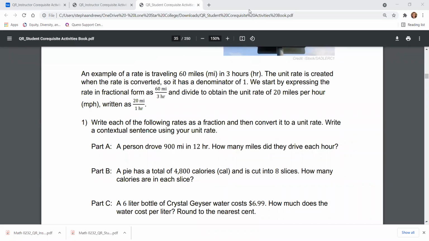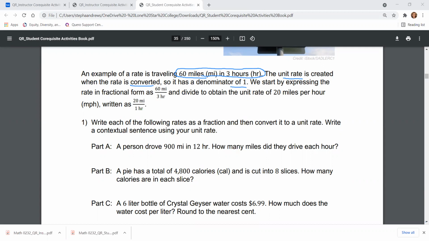The example that they give for a rate is if we are traveling 60 miles in 3 hours. And then it talks about the unit rate could be created when we do a little bit of conversion so that the denominator is 1. One thing I think you should make sure you do in this lesson and the whole semester is to write what you're thinking.